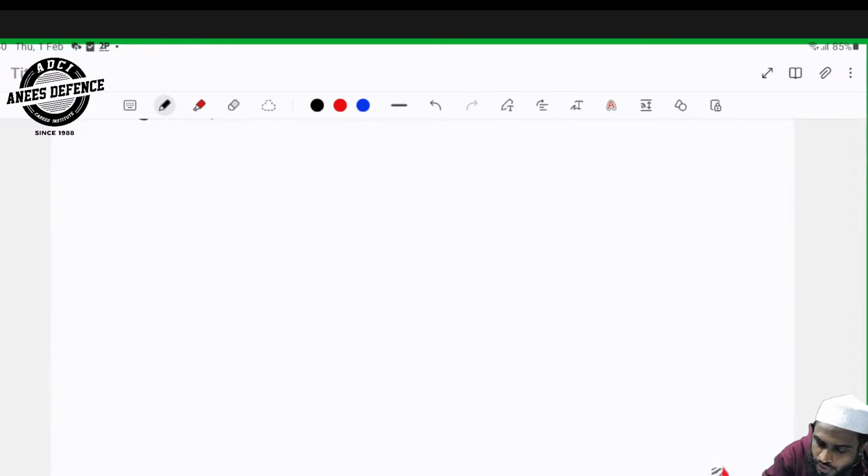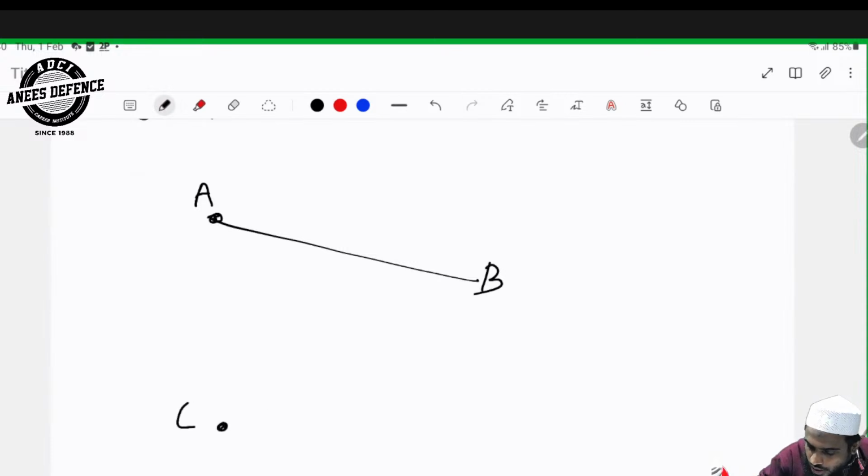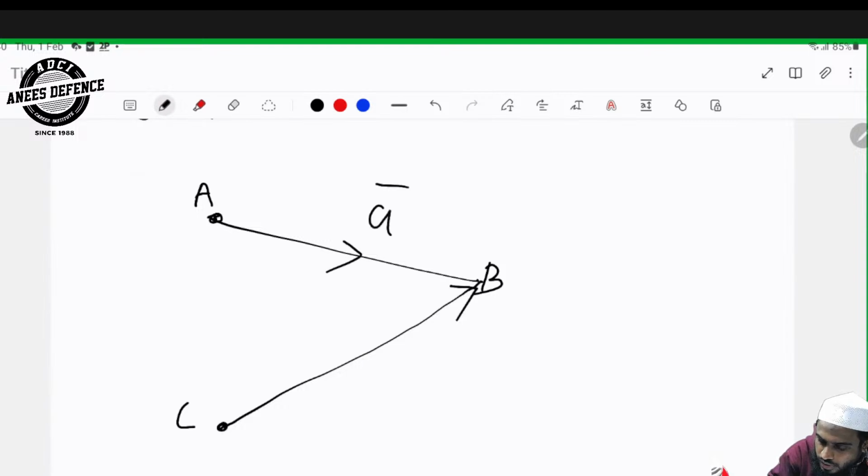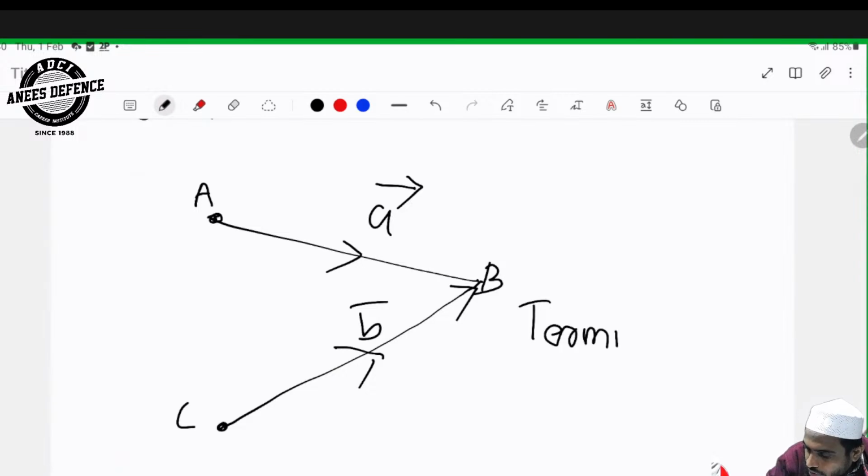Now, I have a vector starting from here, reaching a point B. Similarly, another vector starting from C and reaching B. So this AB can be represented as A and CB can be represented as B. Now you can see that both vectors are starting from entirely different points, but reaching a common point, meaning they both have a common terminal point.